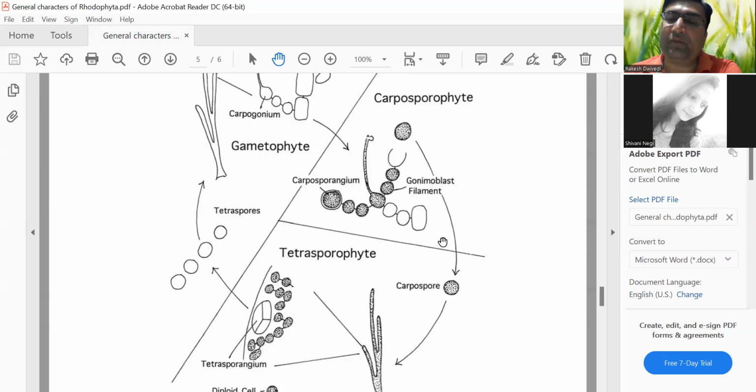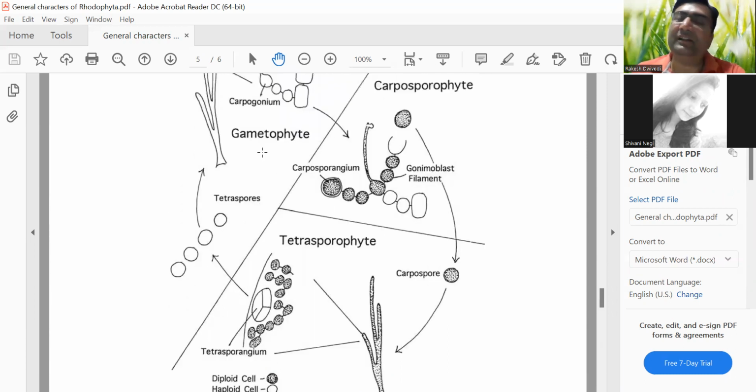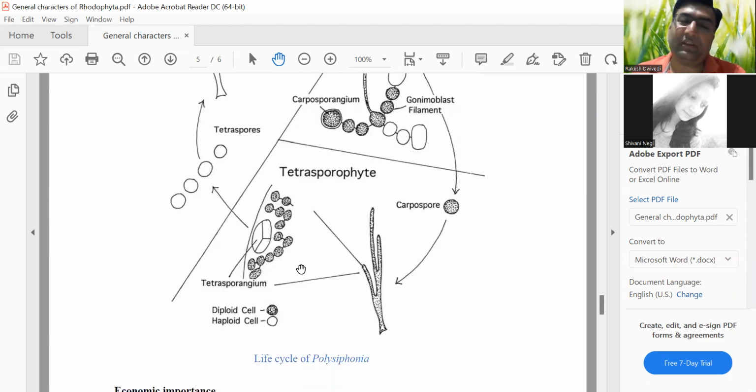These carpospores germinate to form another generation known as tetrasporophyte. Tetrasporophyte are morphologically similar to the gametophyte. These tetrasporophytes produce tetrasporangium inside their thallus. After the meiosis, the tetrasporangium produces haploid tetraspore.